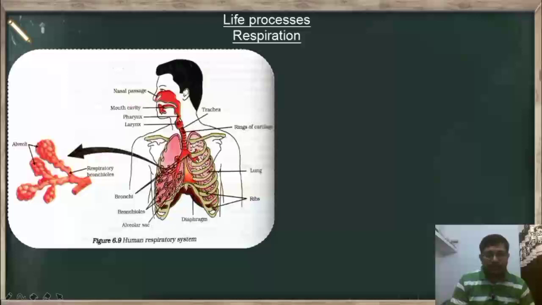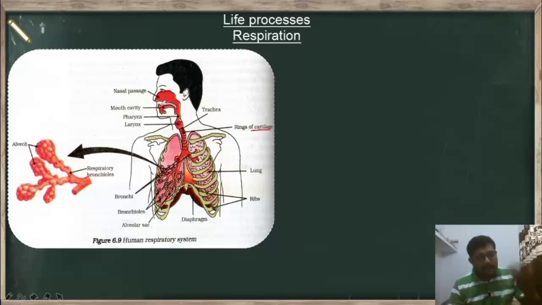That is, we have the nostril, trachea, and then here rings of cartilage, and when it comes here, it has bronchi, and then bronchioles, and then alveolar sac. So in the nostrils, the air is inhaled. When the air is inhaled, we know that the nasal cavity contains small hairs.